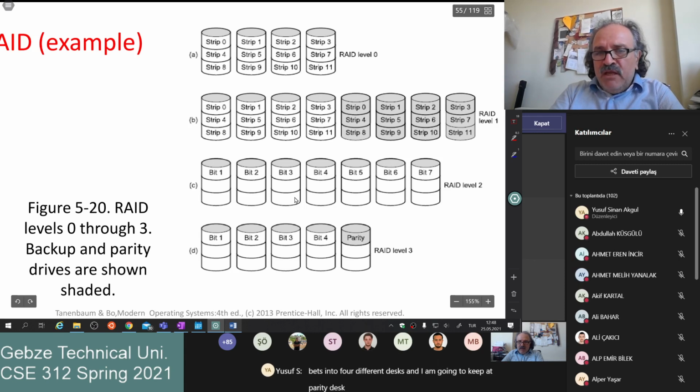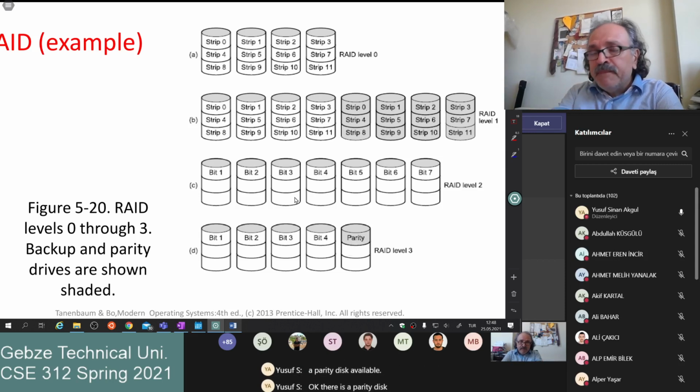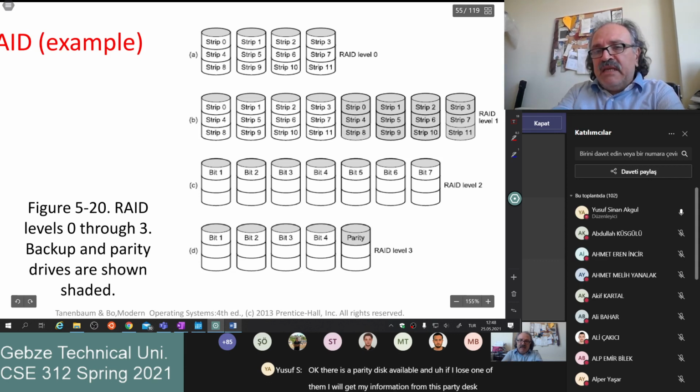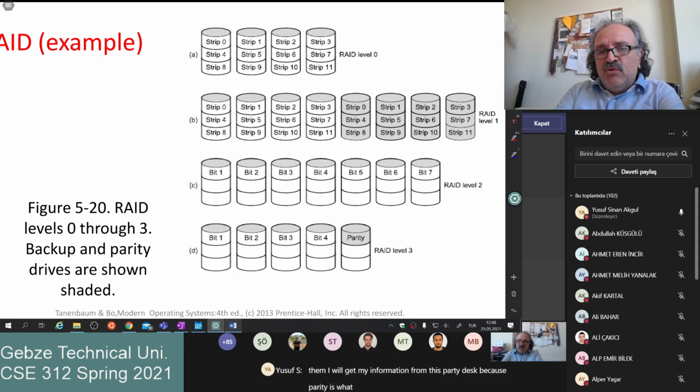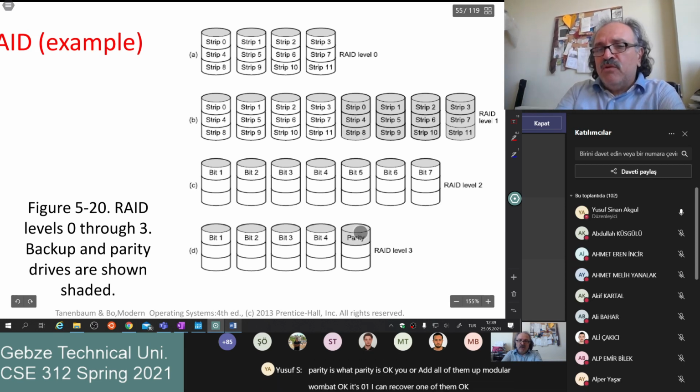So if I lose this bit or this bit or this bit, there is a parity disk available, and if I lose one of them, I will get my information from this parity disk. Parity is, you add all of them up modulo 2, so it is 0 or 1. I can recover one of them, only one, using this parity disk.